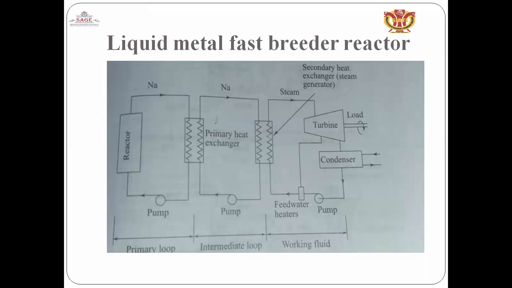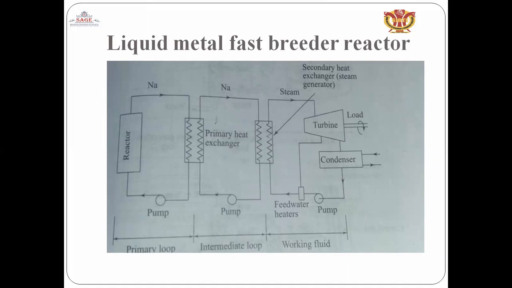Liquid metal fast breeder reactor. This is another type of reactor, in which the circuit diagram is clearly shown, where two types of heat exchangers take place in these sections. The secondary heat exchanger, also known as the steam generator, produces the steam, and the primary heat exchanger works with the sodium.